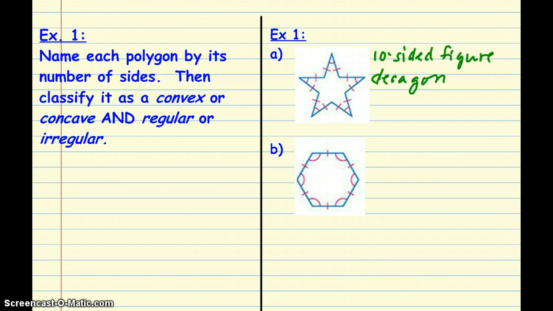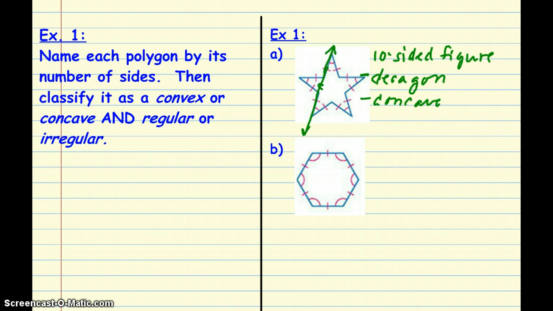So from here, that's the first thing, so we named it. Secondly, we need to name it as convex or concave. And if you look at this closely, and if you actually just extend even one of those arms of the star, you see that the points right here are in the middle of the shape. So we call this concave. Whoa, weird.